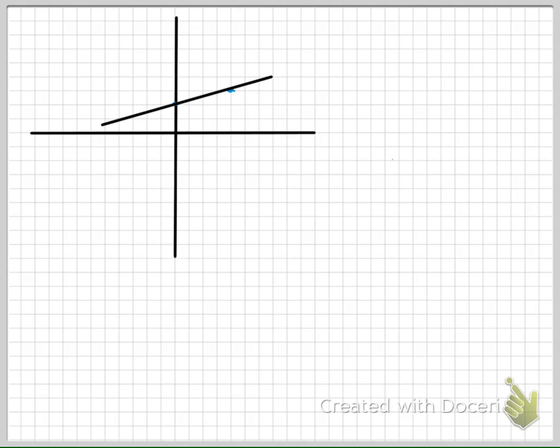So, guys, number 1, we've got a line that looks something like this. Now, if I want to find the slope from a graph, could I still find 2 points and subtract the y value minus the y value and the x value minus the x value? Yes, I could.